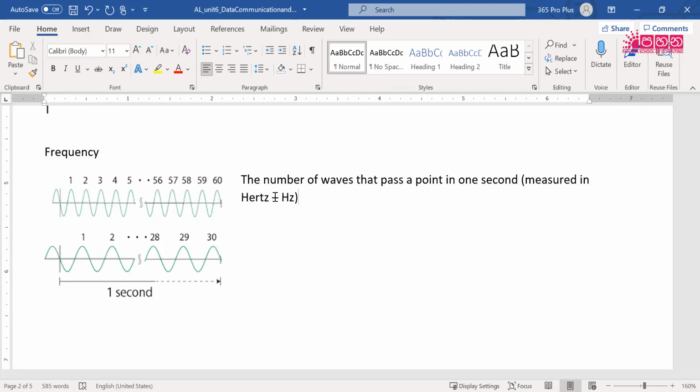Number of waves passing by in 1 second. So in 1 second, the first one is 60. Right? Second one it's 30. So we can say the first one is high frequency, the second one is low frequency.